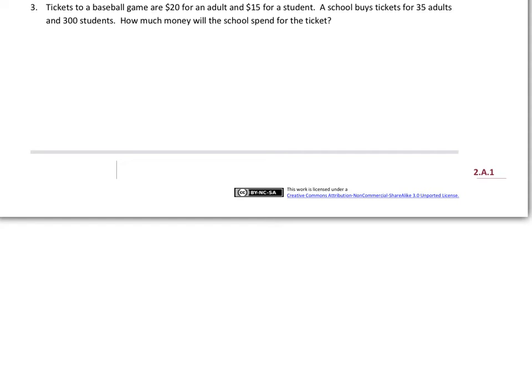Question number 3 says, tickets to a baseball game are $20 for an adult and $15 for a student. A school buys tickets for 35 adults and 300 students. How much money will the school spend for the tickets? First, let's highlight some important information from this question. We know that tickets for an adult are $20. We know that tickets for a student are $15. We also know that the school buys 35 adult tickets and 300 student tickets.